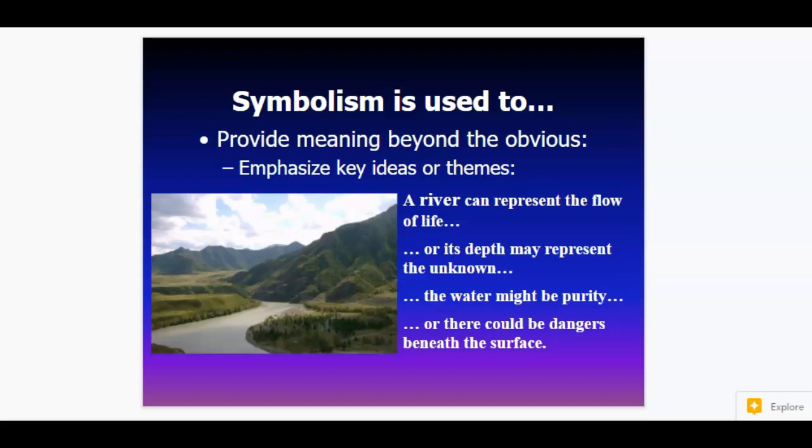The water could be purity, right? How clear is the water when they're describing it? Is it murky? Is it hard to see? Is that part of their life hard to see in that flow of life? Are there dangers beneath the surface, depending on that clarity or purity of the water? So you really have to think outside the box when it comes to symbolism.